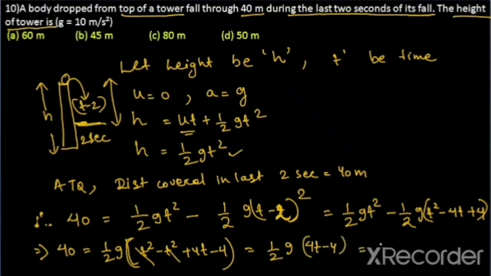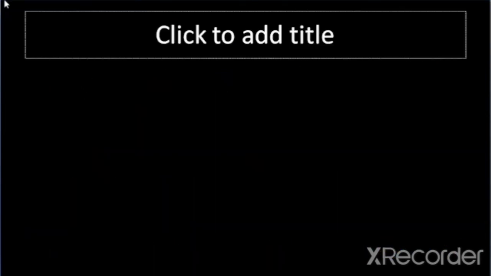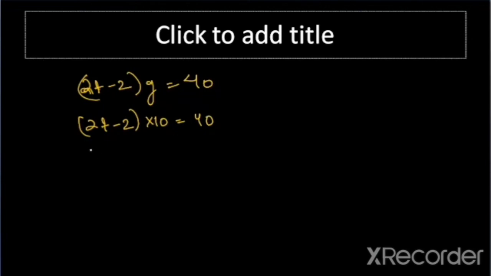If we take out 2 as common, it will become (2t minus 2) into g. So (2t minus 2) into g is equal to 40. So (2t minus 2) into 10 is equal to 40. That implies 2t is equal to 4 plus 2, that is 6. So t is equal to 3 seconds.